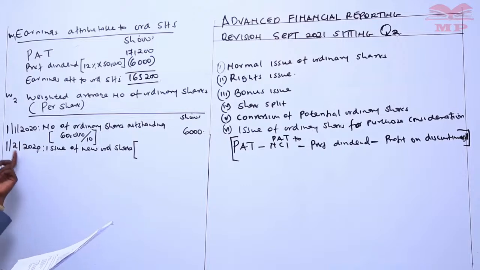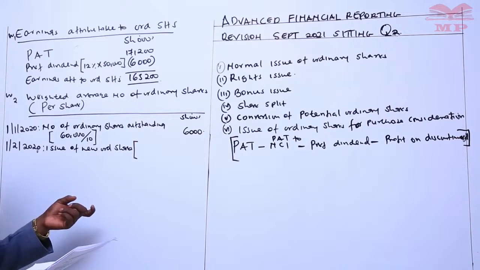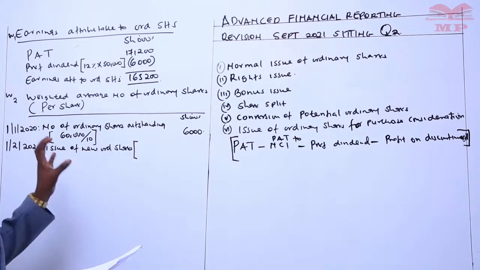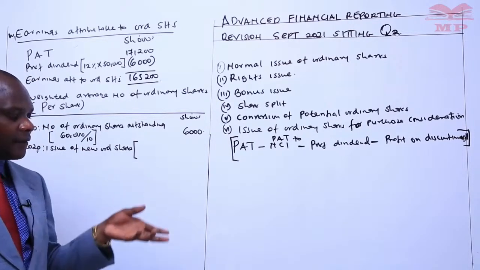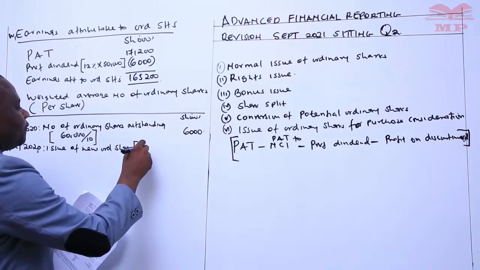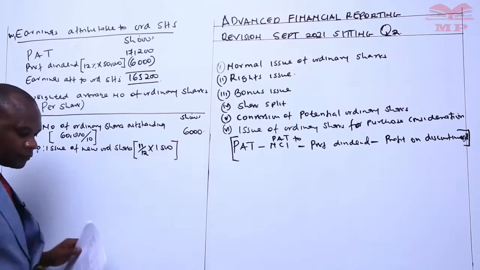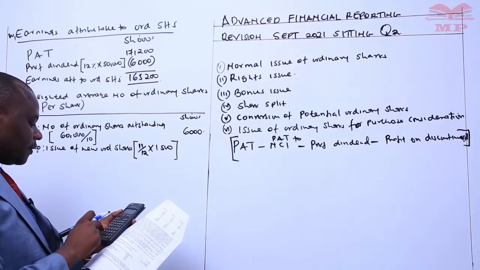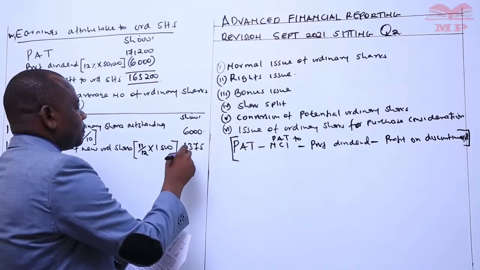We are issuing shares by 1st February. That means that the shareholders subscribing to these shares are entitled to earnings for how many months? February to December is 11. So it will be 11 over 12 times 1.5. So 11 divided by 12 times 1500, giving us 1375.